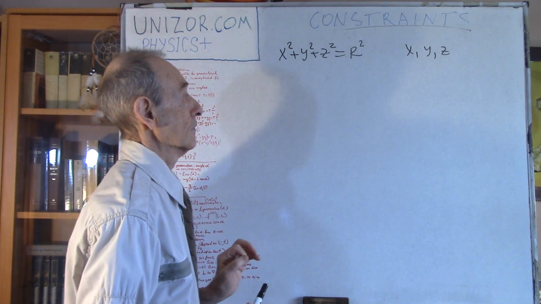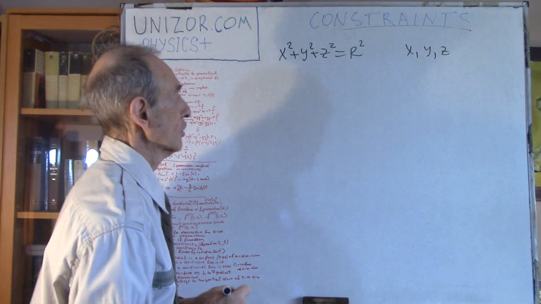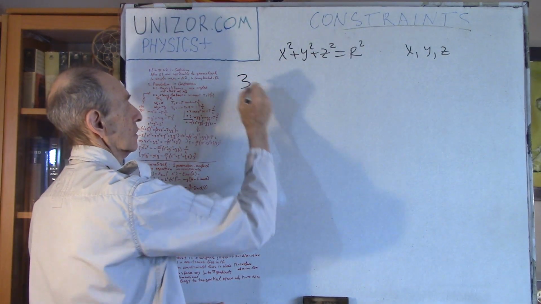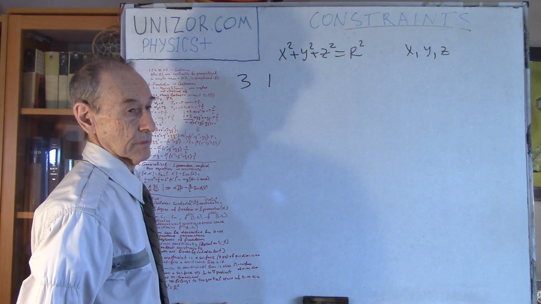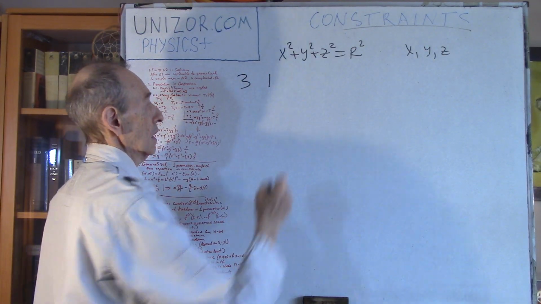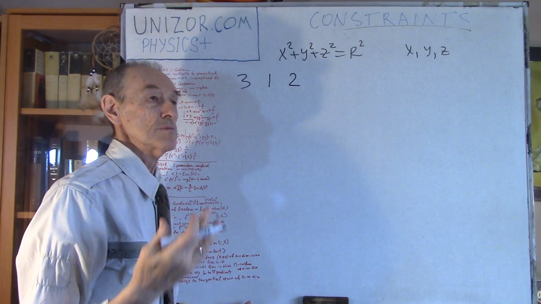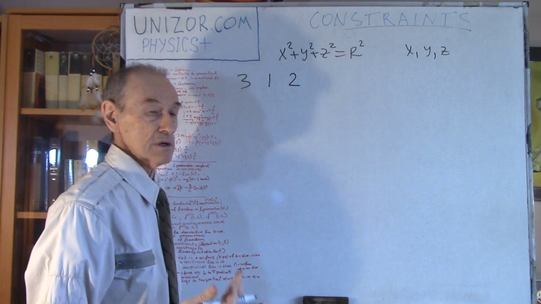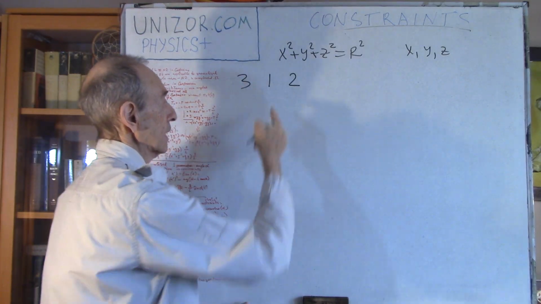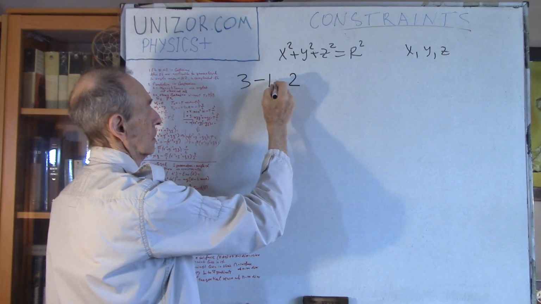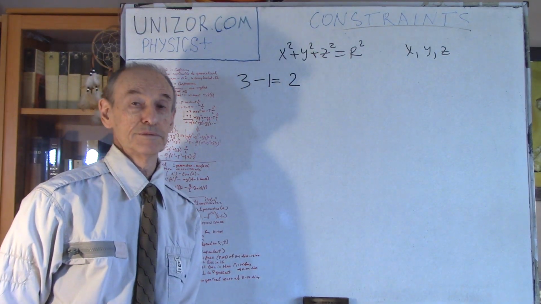Okay? So instead of three parameters, you have two. Initially you have a three-dimensional world, you have one constraint, and as a result, you can describe the movement constrained to a sphere by two parameters.